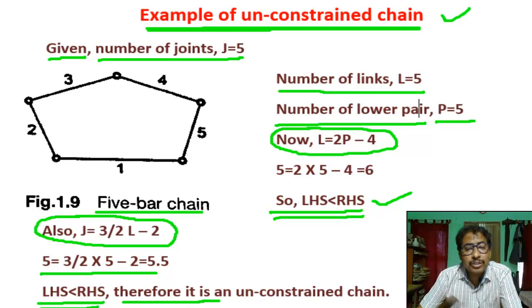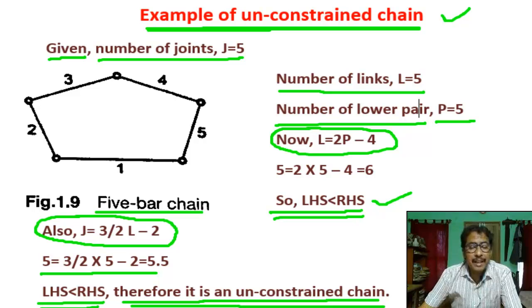Therefore, it is an unconstrained chain. Left hand side less than right hand side, therefore it is an unconstrained chain. Unconstrained chain means for a particular position of any link, the position of other links of the chain cannot be predicted.